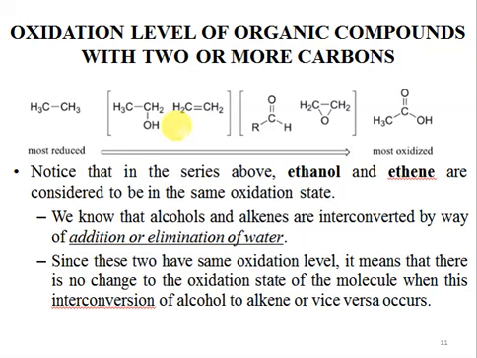Since both of these have the same oxidation level, it means there is no change in oxidation state when these are interconverted. So when alcohol is converted to alkene, the oxidation number will remain the same, and when this alkene is converted into alcohol, the oxidation number will not change.